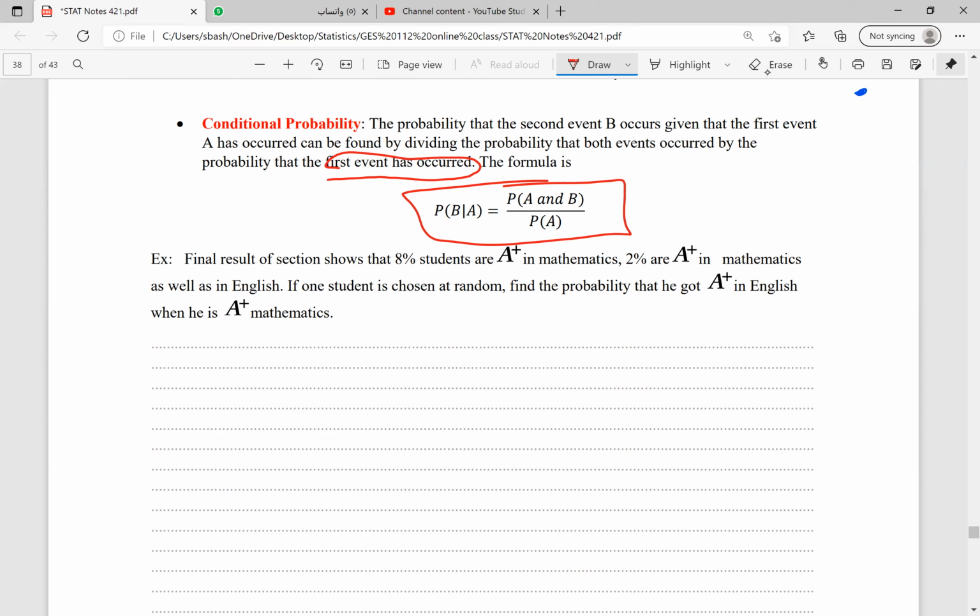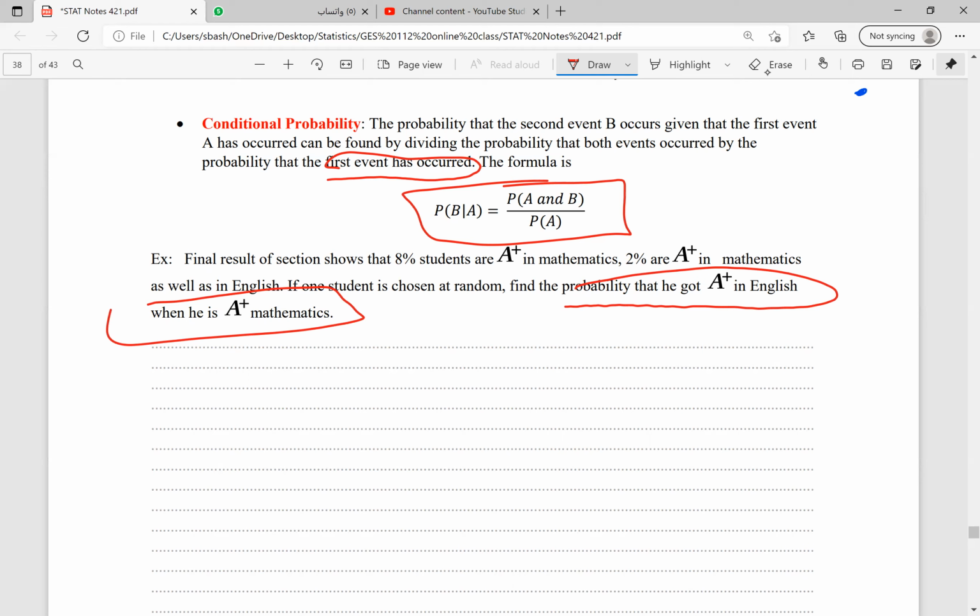If one student is chosen at random, find the probability that he got A plus in English when he is A plus in math. Now I have to decide which one is the first event and which one is the second one. The question is, find the probability that he got A plus in English when he got A plus in math. So it means that he got A plus in English after he got A plus in math.